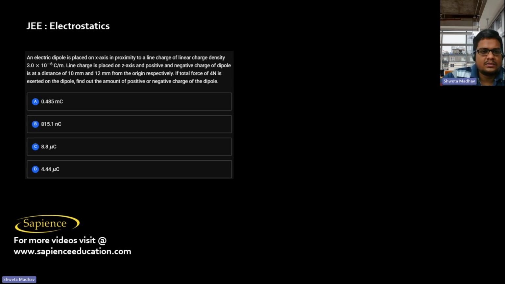And here it is told an electric dipole is placed on the x-axis, in proximity to a line charge of linear density lambda, that is 3 into 10 power minus 6 coulomb per meter.